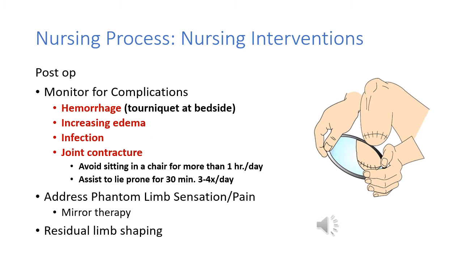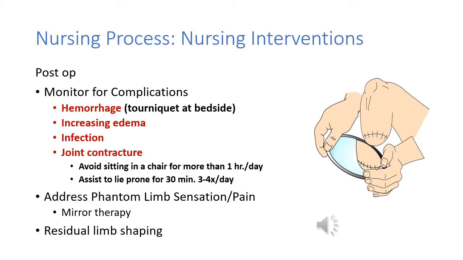Post-op interventions, first and foremost, involve monitoring for complications. The first one that comes to mind is hemorrhage, because we want to look at the incision site and observe that very carefully. There should be a tourniquet at the bedside in case the incision were to open.